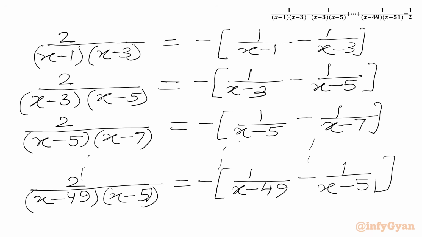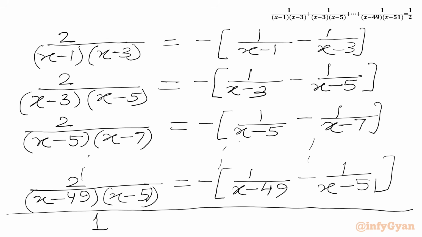Now we have to add. So our LHS will give us 1. Addition is 1. In RHS, can we cancel minus 1 over x minus 3 with plus 1 over x minus 3? So these two terms will get over.